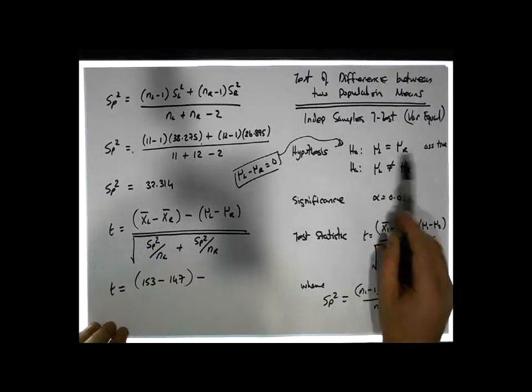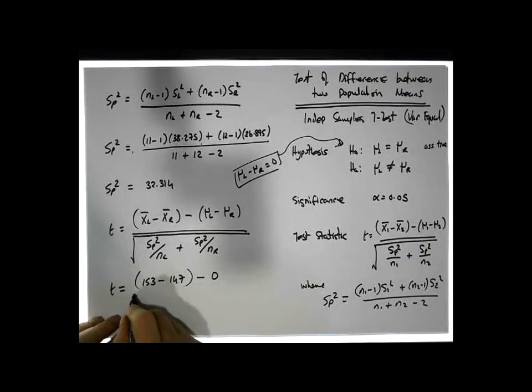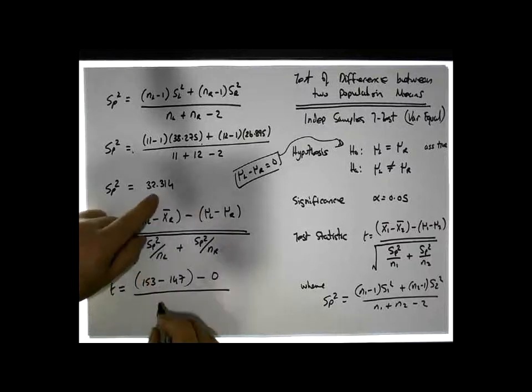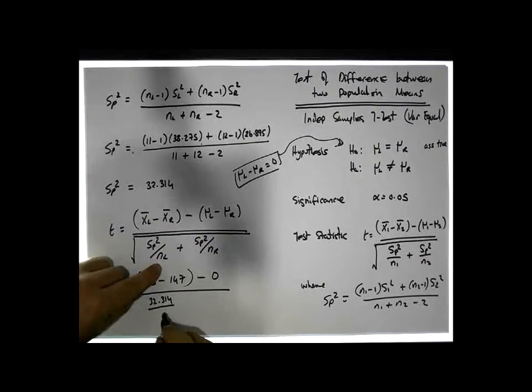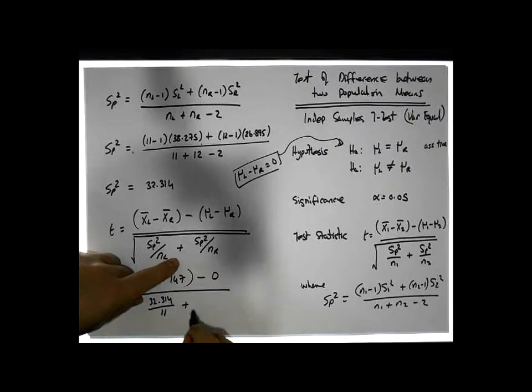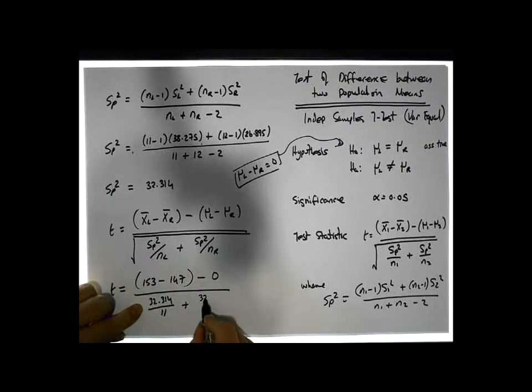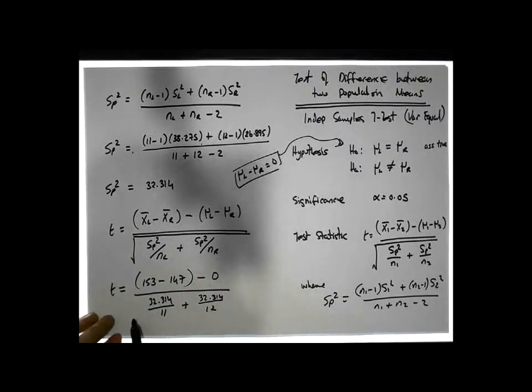So it's minus 0, all over the square root of 32.314 over the left-hander sample size, 11, plus 32.314 over 12, the size of the second sample. So a lot of work going on here.